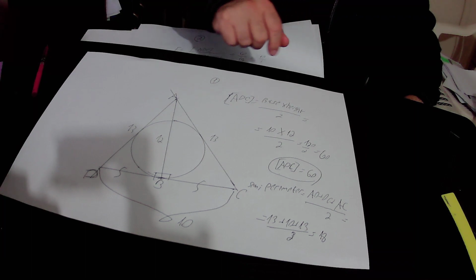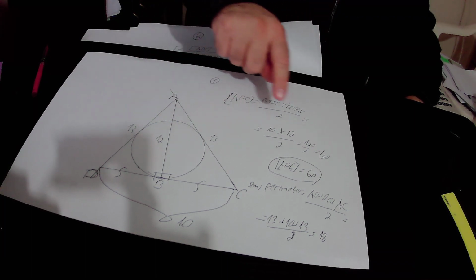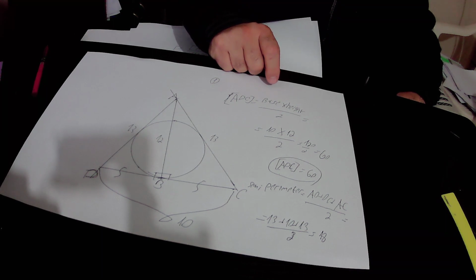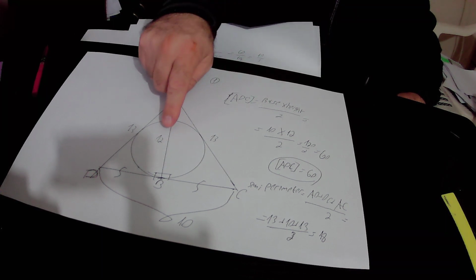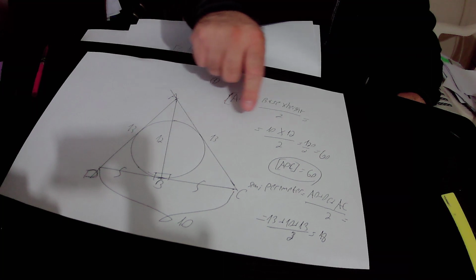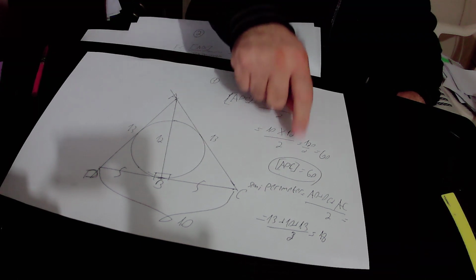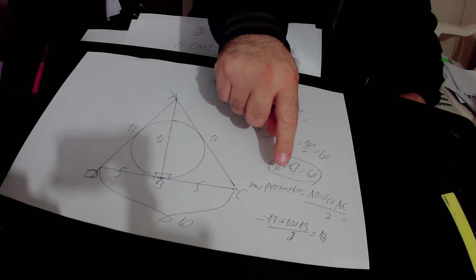AD is 13, DC is 10, and AC also equals 13. So the semi-perimeter of this triangle ADC is equal to 13 plus 10 plus 13 over 2. 13 plus 10 is 23. 23 plus 13 is 36. And 36 over 2 is 18.